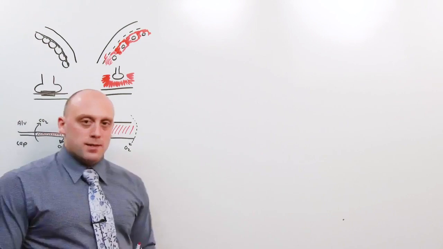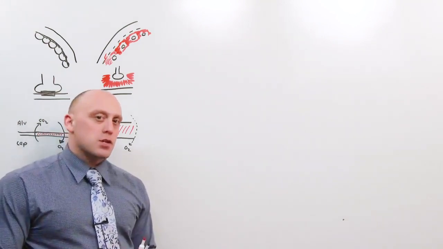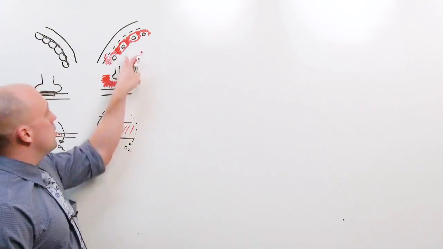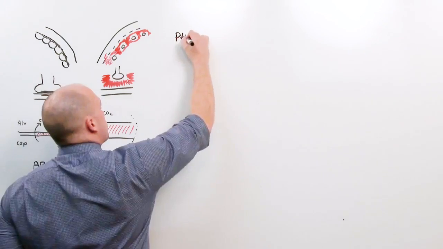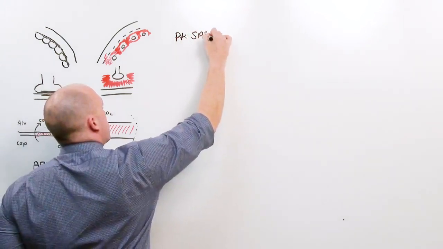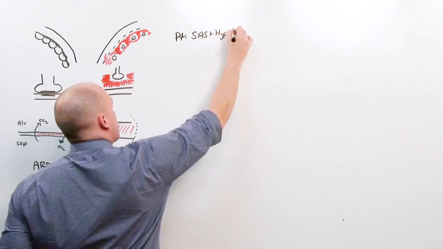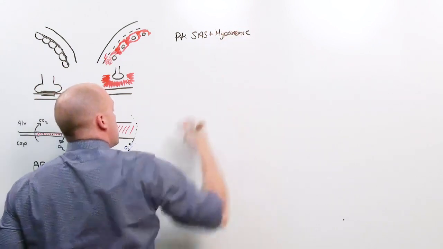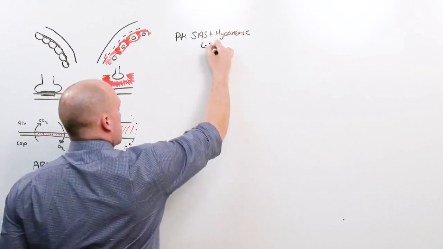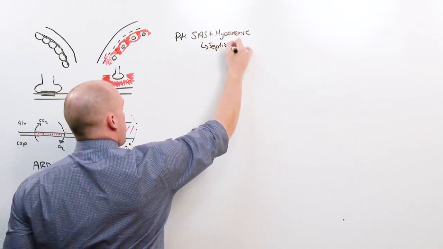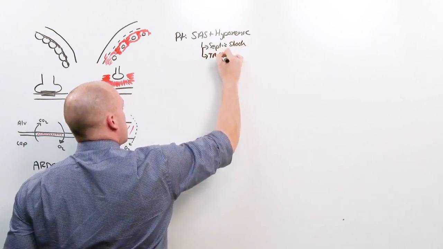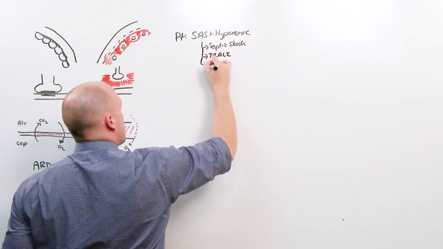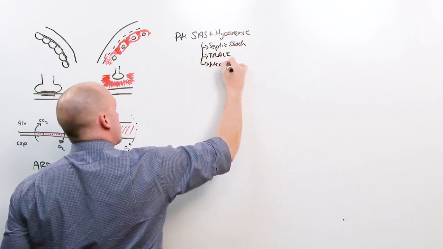You should suspect ARDS in patients who have reasons to have leaky membranes. The person is going to be very sick, and they're going to be hypoxemic. But you want to look for the person who's in septic shock, has a transfusion-related acute lung injury, or is a victim of a near drowning.